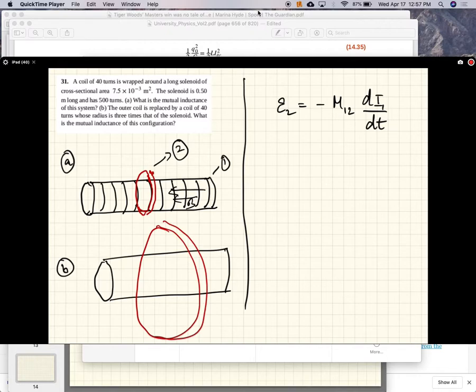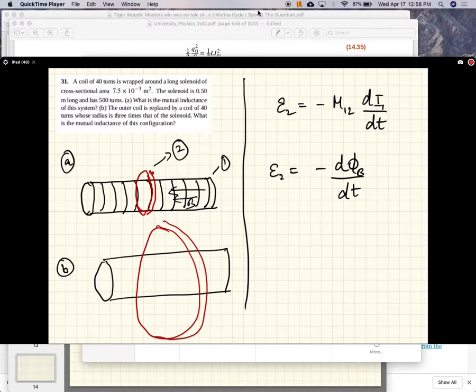Mr. Faraday will tell you that the EMF induced in the second coil is equal to the rate of change of magnetic flux through that coil. Now, the property of the solenoid is that it produces a strong, uniform magnetic field inside the coil, and outside the coil the magnetic field is 0.